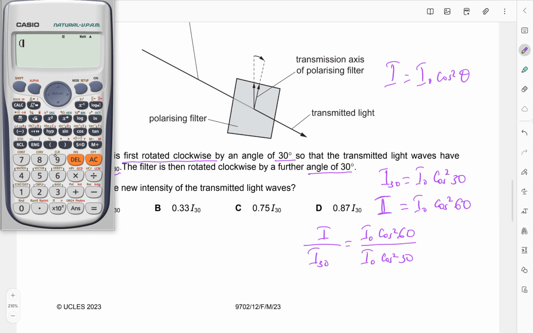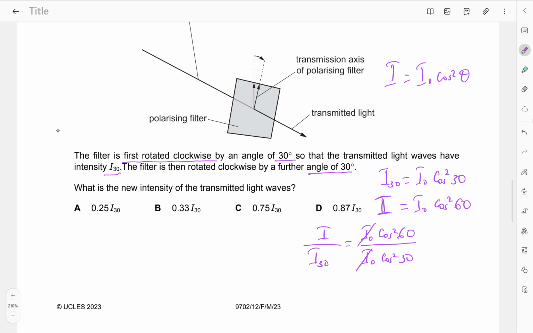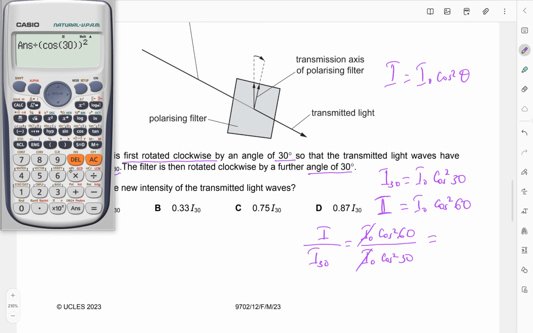So cos squared 60 divided by cos squared 30. Here I have to put two brackets. I0 has cancelled. So the cos of 60, because I know some people are doing PCB, cos 60, I get my answer, then I square.